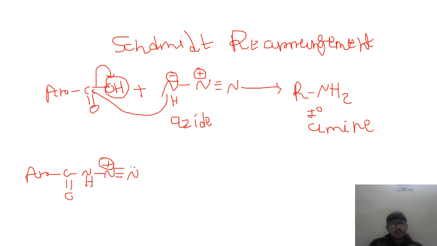Now as you can see, this nitrogen is having 4 bonds, so it's more electronegative compared to this nitrogen we have rounded. So this bond electron will be transferred onto this N plus, and it will be removed in the form of N2.